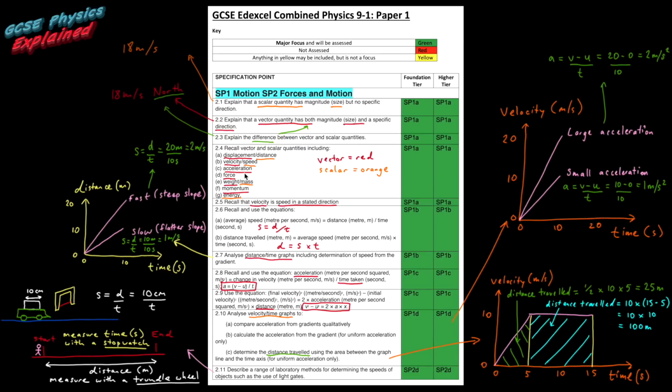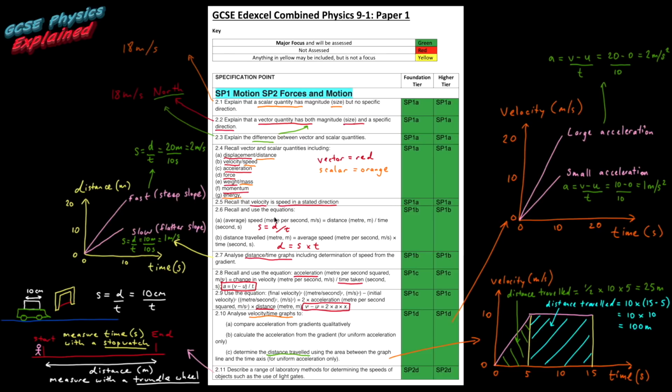Acceleration is a vector, force is a vector, weight is a vector, but mass is a scalar. Mass doesn't act in any particular direction, whereas weight always acts downward. Momentum is a vector and energy is a scalar. Recall that velocity is speed in a stated direction, as I've just said up there.